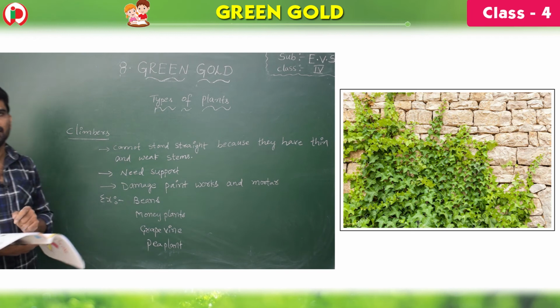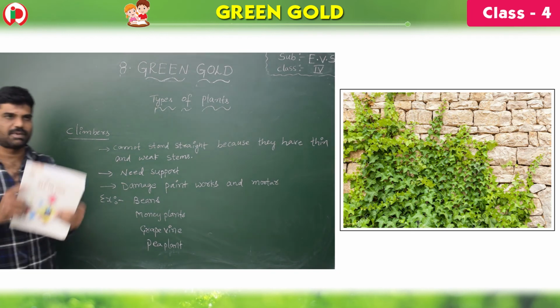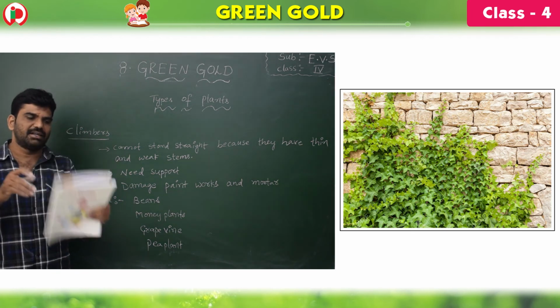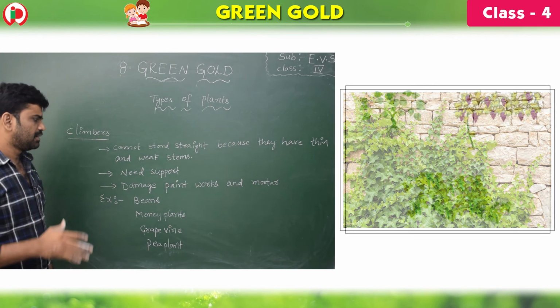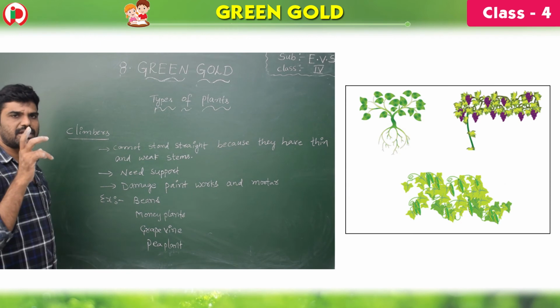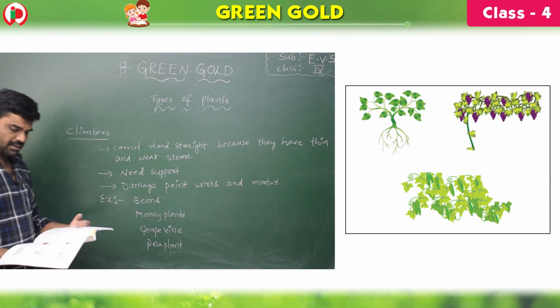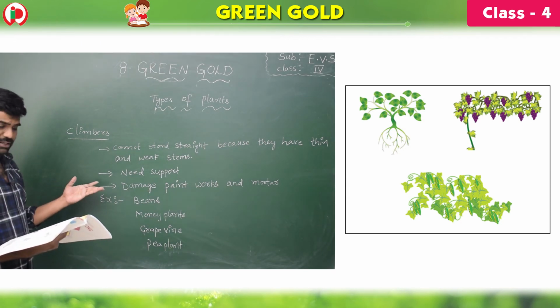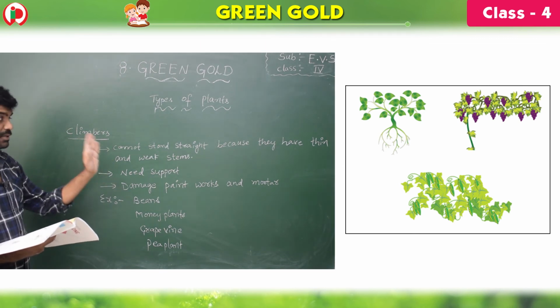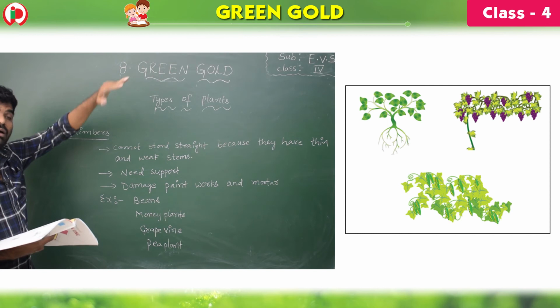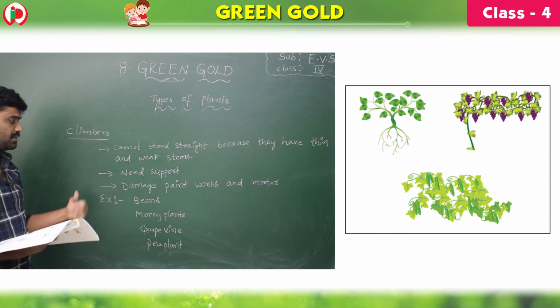Because of the weak, thin stem, they will fall over. So they need support in order to stand straight. They climb up the wall or other plants. So these climbers can climb up the wall or climb on other plants.